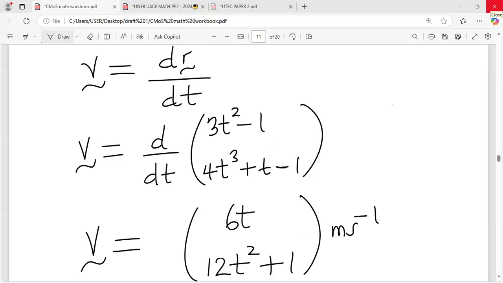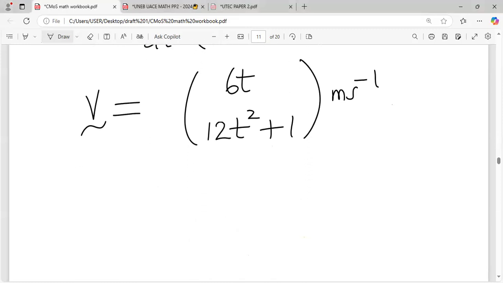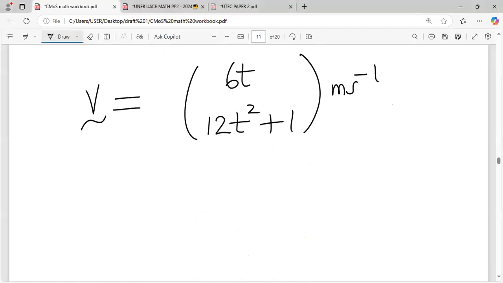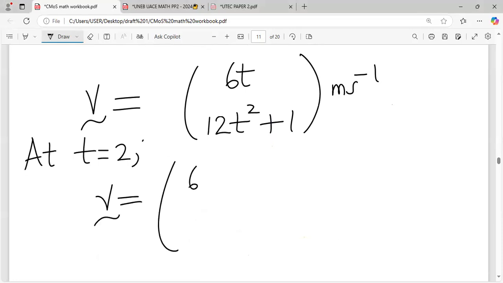So after that, remember they need the magnitude of velocity. You cannot get the magnitude unless you at least substitute. So you say at t equal to 2, v is equal to 6 times 2.